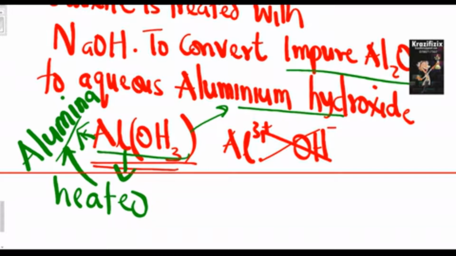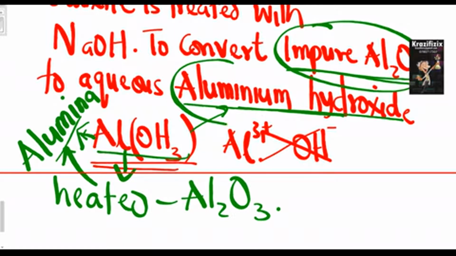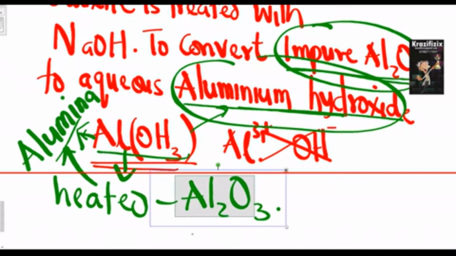So we have our impure Al2O3 being treated, and then we have aluminium hydroxide, and then this is heated to form alumina, and alumina is pure. Remember what we have: impure Al2O3, sodium hydroxide, and then pure alumina.